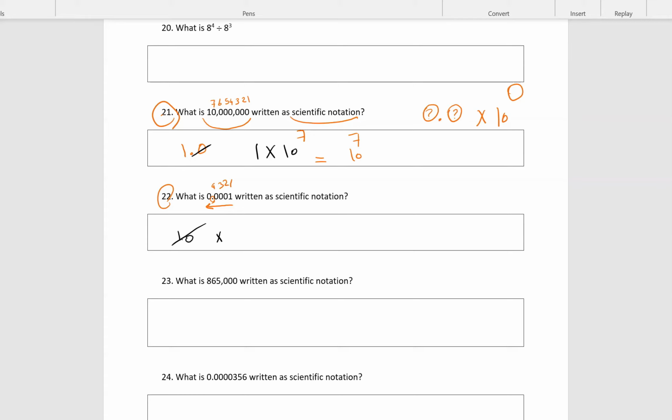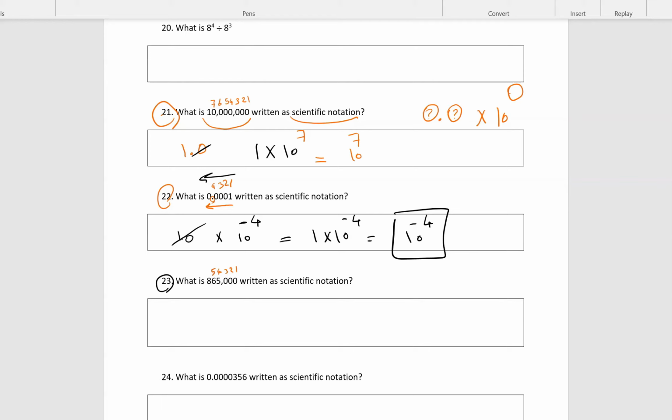So multiply by 10 to the power of 4, but because it's going to the left, minus 4. So instead of writing 1 times 10 to the power of minus 4, we just write 10 to the power of minus 4.